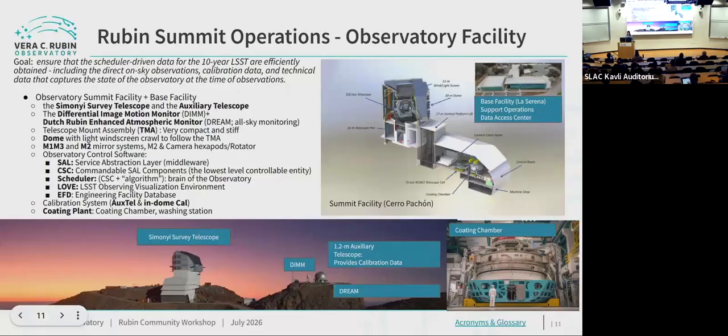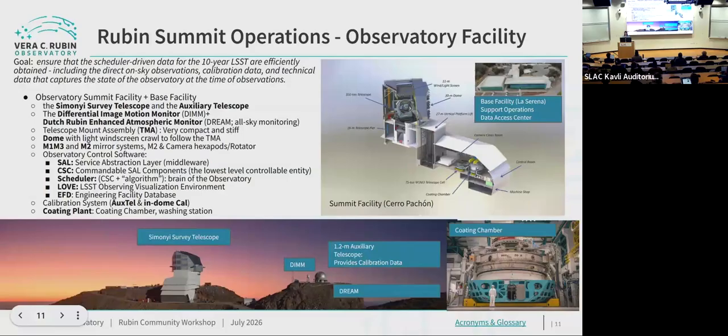And also our observatory is controlled by software. The lowest level controllable entity of the Rubin control system is the individual commandable SAL component, or CSC.